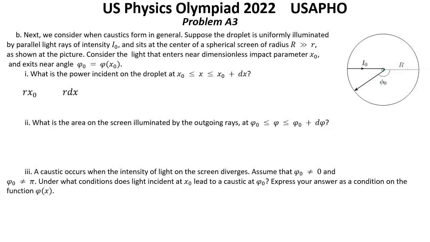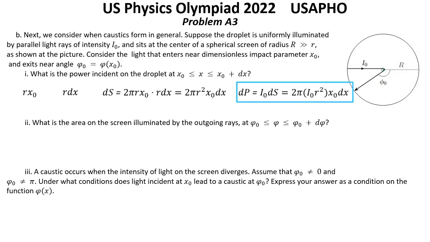Then the area of this annulus is 2πr² x0 dx, and the power is I0 dS, or 2π I0 r² x0 dx. That was the solution for the first one.